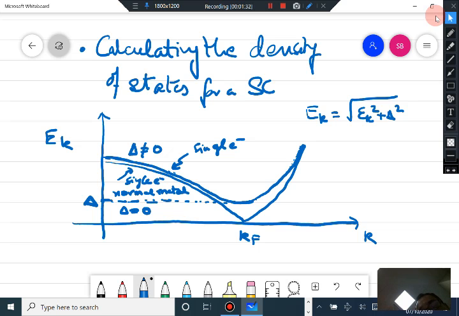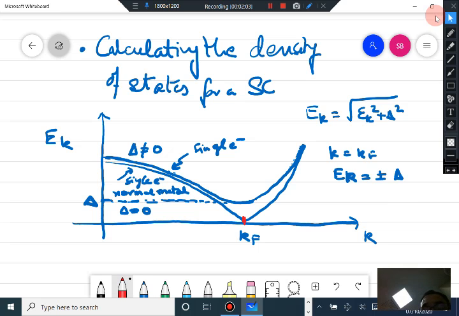So you can see that no electron can have an energy which is less than delta. So at k equal to kF, we know that Ek, measured with respect to the Fermi energy, is plus or minus delta. So now if you want to calculate the number of states which are around the Fermi energy, then qualitatively, this is your Fermi energy.